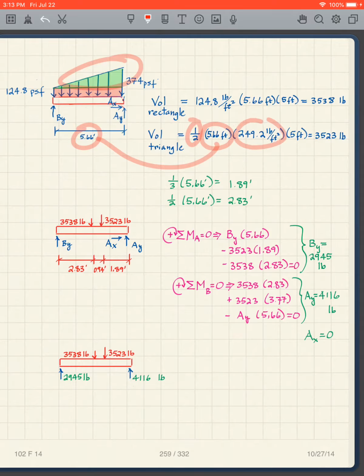And the height is 249, which is 374 minus 124.8 equals 249.2. So that gives me the volume of the triangle portion.